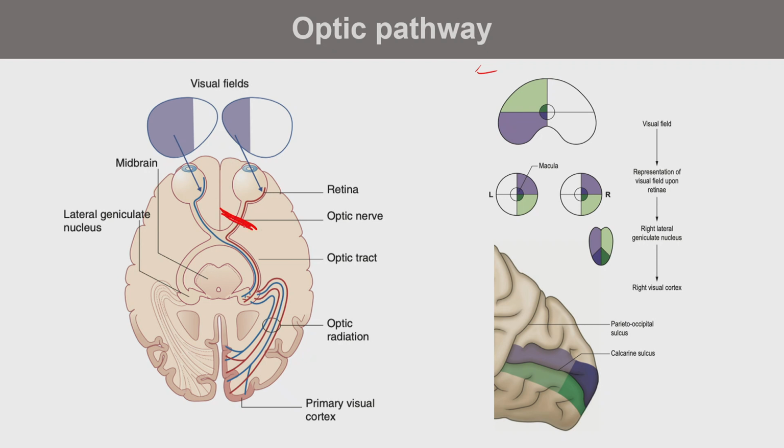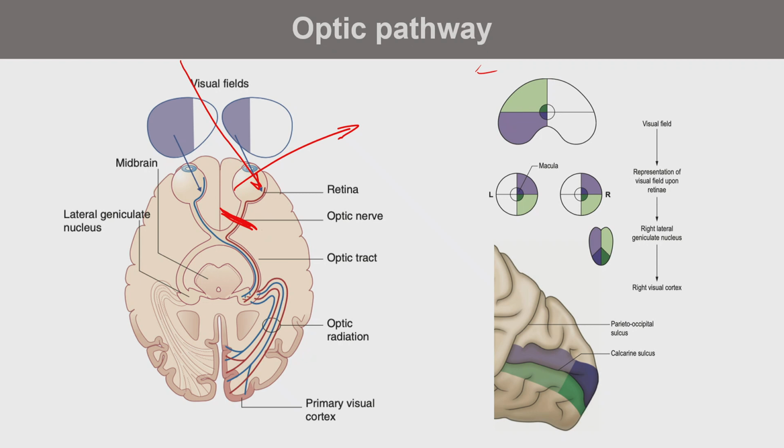What is the problem here? When the patient has an injury of the optic nerve, the whole eyeball is not sufficient. Then we have no information from the nasal and temporal part of the visual field from the left part.